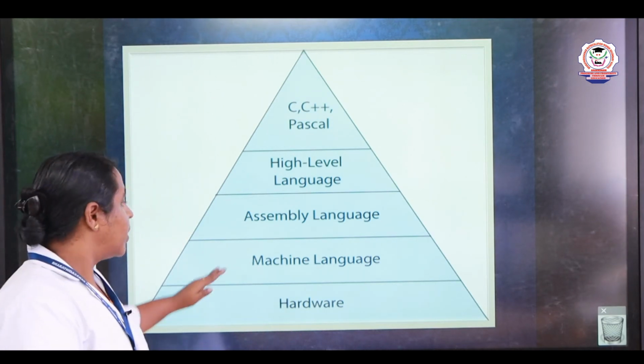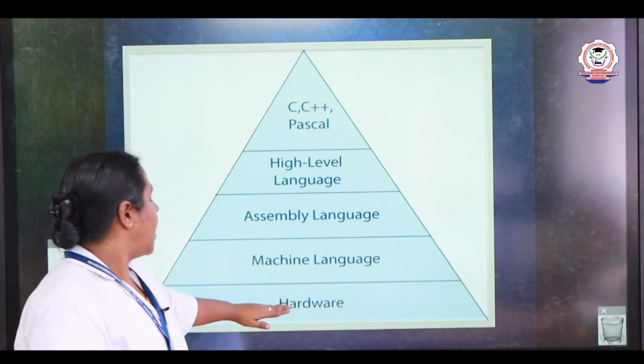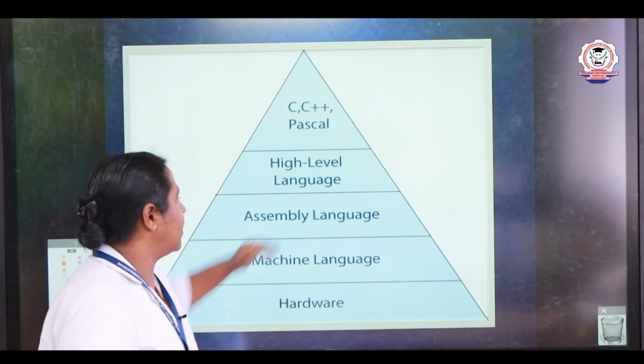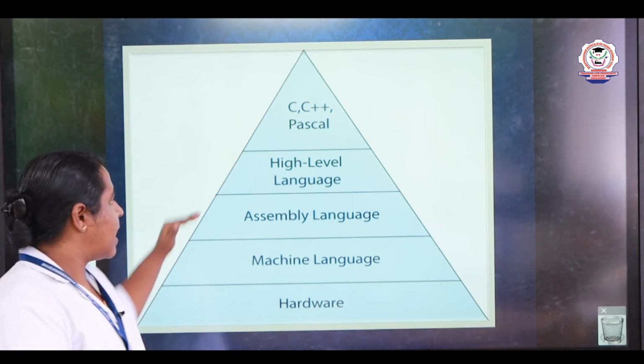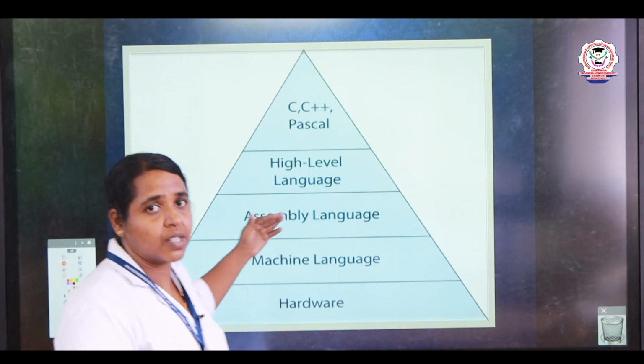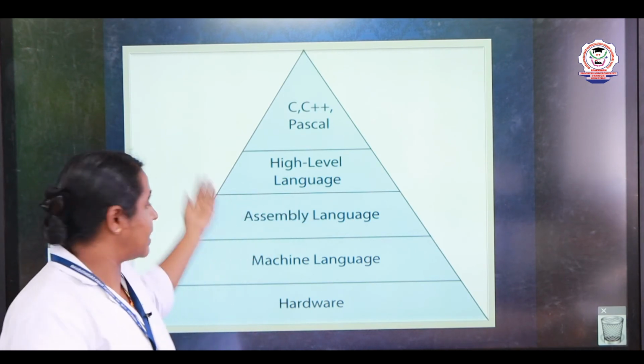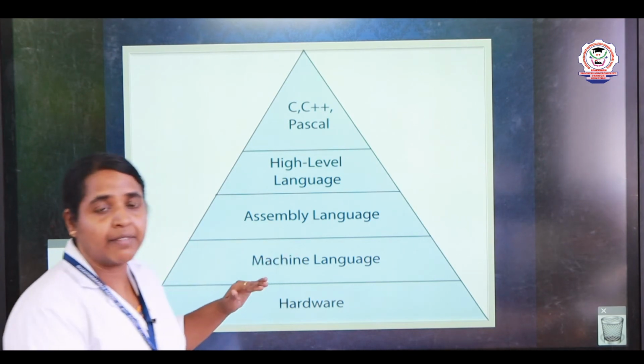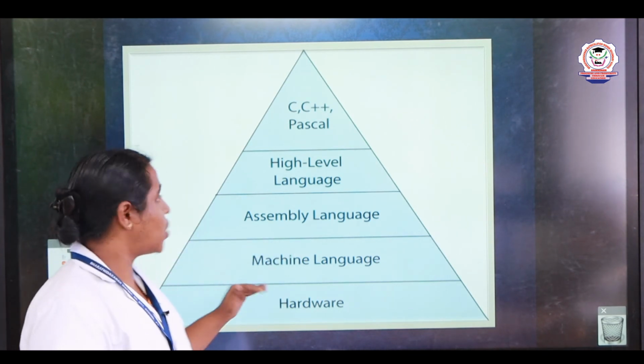Next, away from the hardware, we use assembly level languages, because assembly level language fully depends on the opcode system. That opcode is translated into machine level language using some other software.